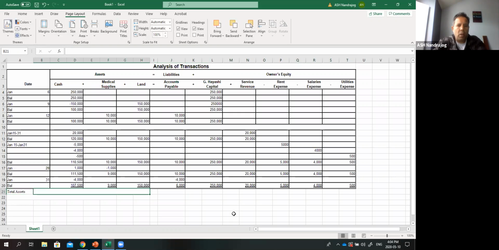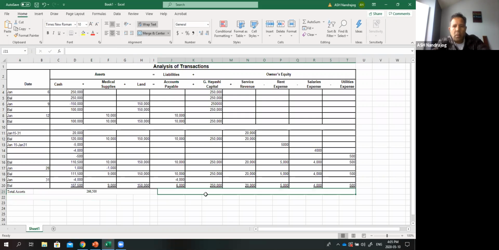Now, if we added all the assets, that will be total of cash plus the medical supplies plus the land. What we get is 266,500. Okay, what about stuff on the right side? So let's just make a cell here. Option, merge and center. So we would just add up all the liabilities and the capital.